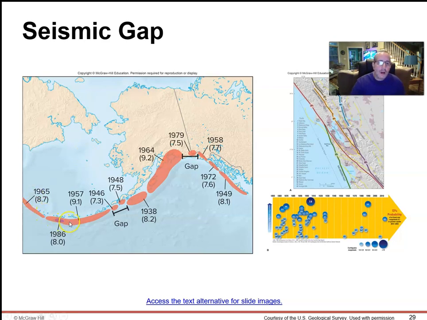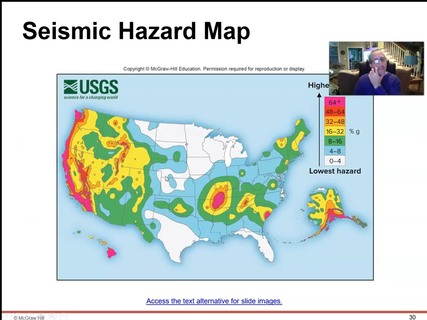So you have all these pretty large earthquakes happening along this fault line, but right here, there's kind of a gap. There hasn't been one in this area. So what geologists speculate is that this area, because this fault does continue around this area, is probably due an earthquake before these other areas would have one. That's what we refer to as a seismic gap.